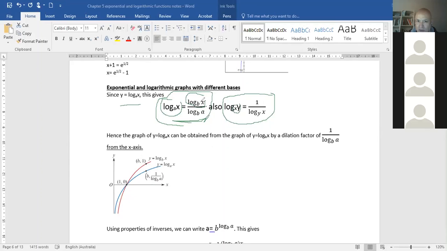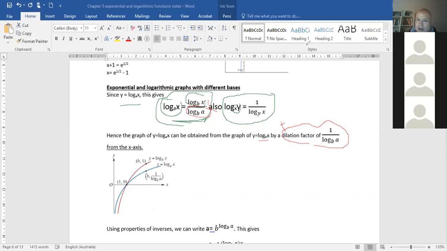Because when we look at this, this is just 1 divided by that. So that dilation factor multiplied by that will give us that log a of x.